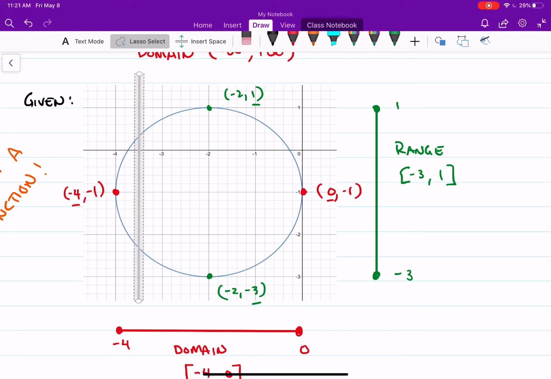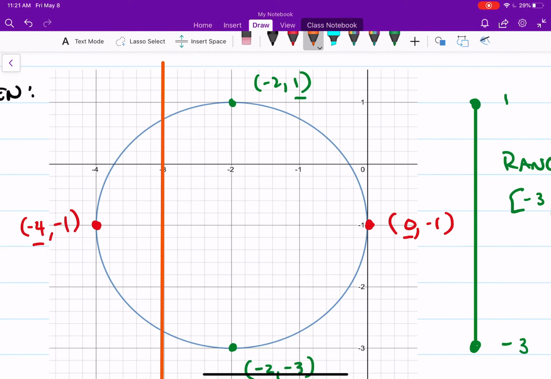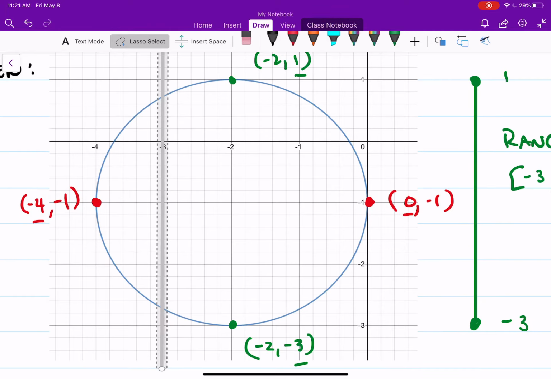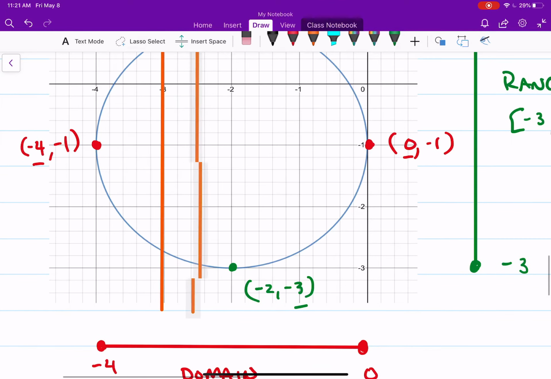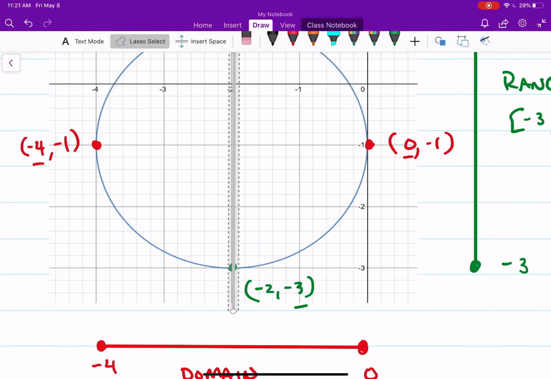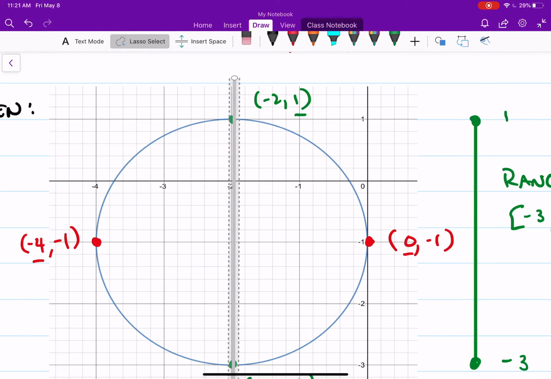Let's say that I put it right here. That's a bad place to put it because you can't read nothing. You know what? I'll just put it right there, right in the center here.